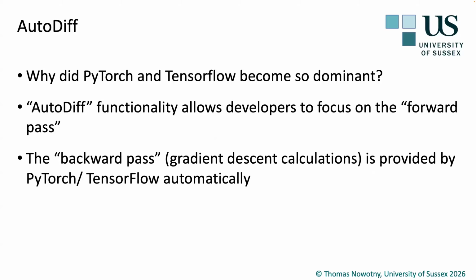This autodiff functionality made these so potent and made all this development possible without everyone becoming a crack mathematician. The so-called backward pass, which makes the gradient calculation to adjust the weights during training, is now taken care of by this ecosystem. And an AI developer doesn't actually need to know the math beneath. They can just think in more abstract concepts and what data they want to train and so on.